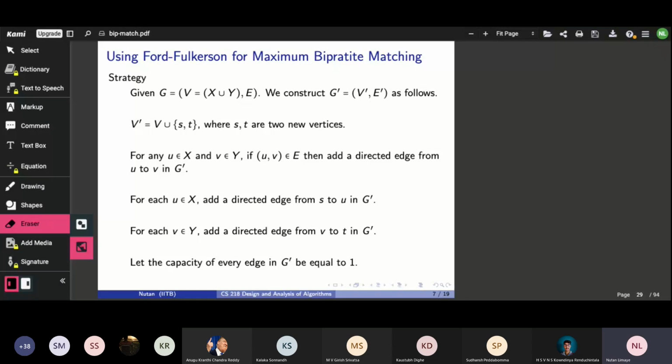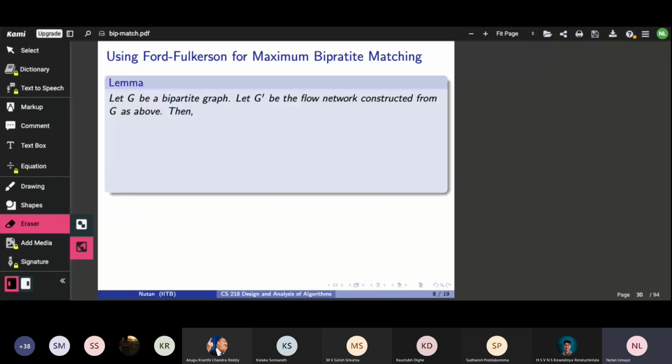Okay, so now what remains is that we need to show that the value of the flow in the graph G prime equals the size of the matching in G. So specifically, we are going to prove the following lemma.